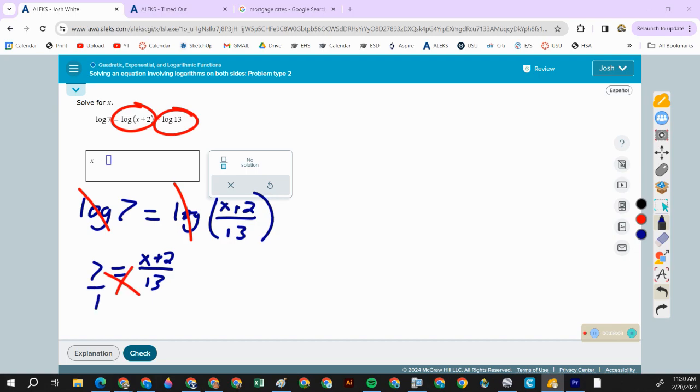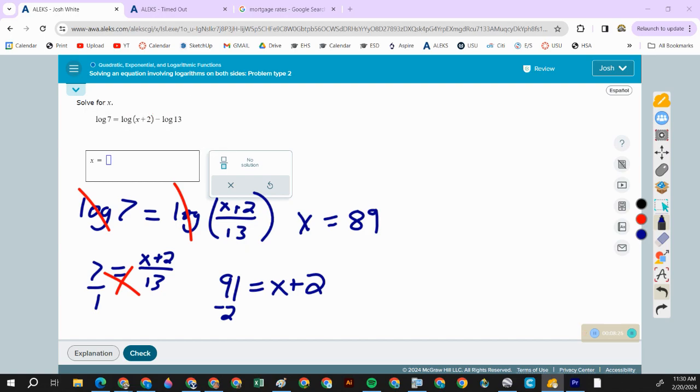Cross multiply. 7 times 13 is 70 plus 21. 91 is equal to x plus 2. Subtract 2. x is 89. If I did that right, that seems right. 7 times 13. Yeah. So, does 89 create any problems? Nope. So that's the answer.